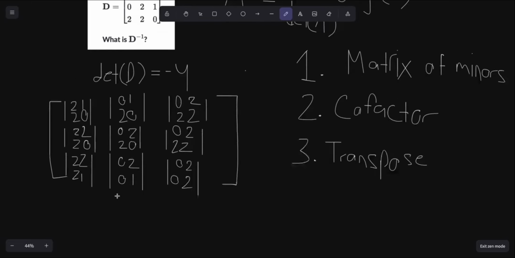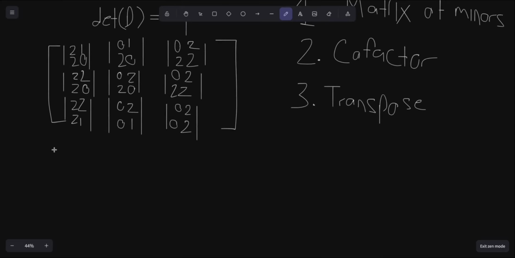So there we have it. And now we just have to compute all of these determinants.